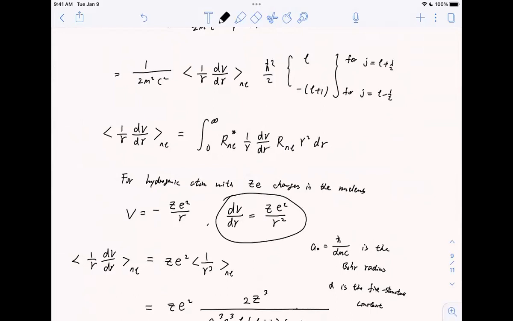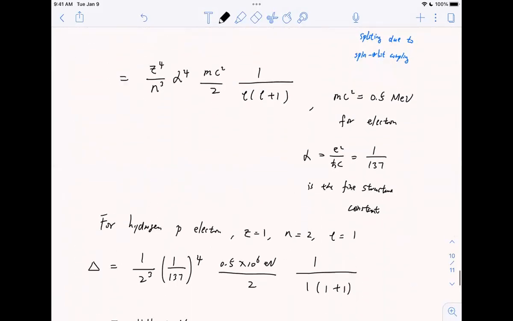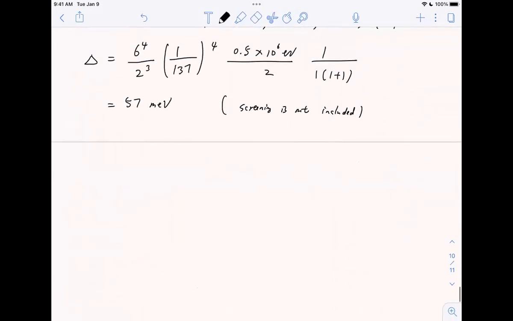That means you have one electron seeing a nucleus with 6 charges and no other electrons around. Then the spin-orbit coupling will be 57 milli eV. But in reality, you have 1 electron and 5 other electrons around. Those electrons will screen out the nucleus. So what you will see here will not be this Coulomb law. It will be a Coulomb law suppressed. That suppression is actually significant. But anyway, let's neglect the screening for now.